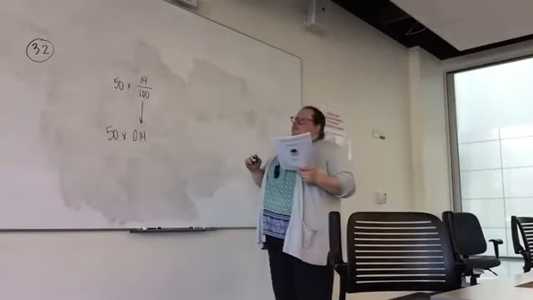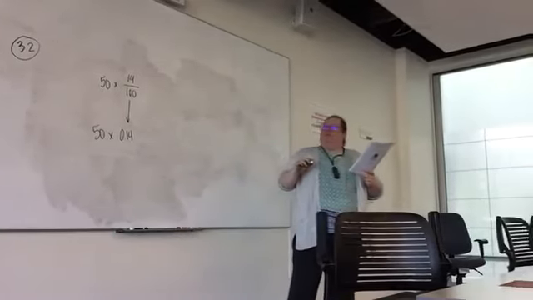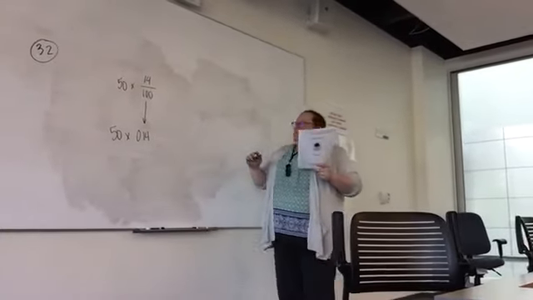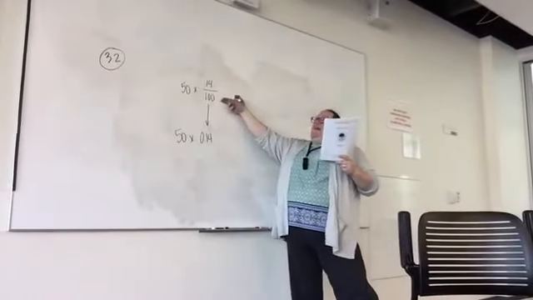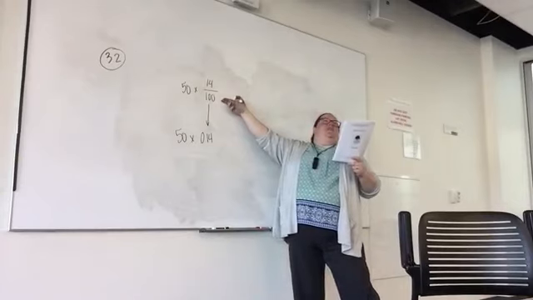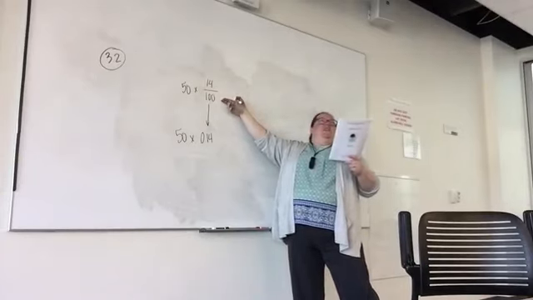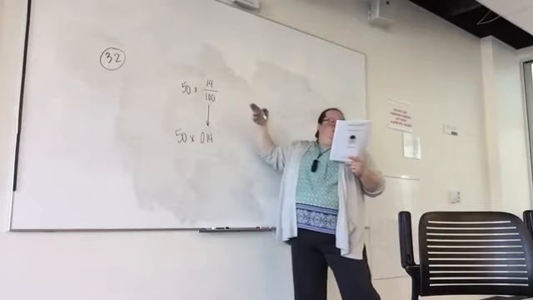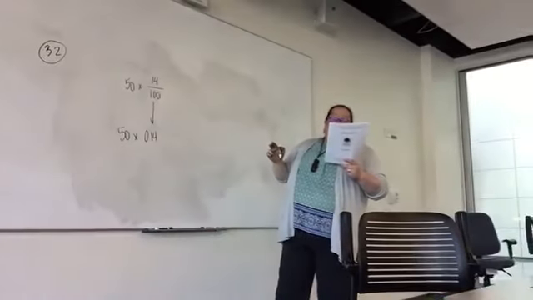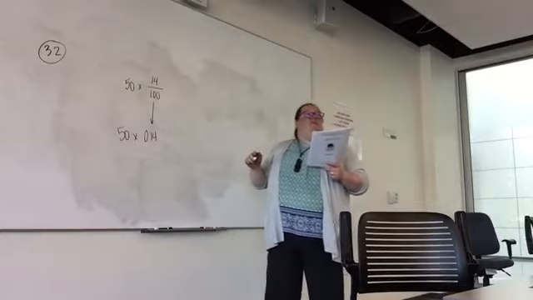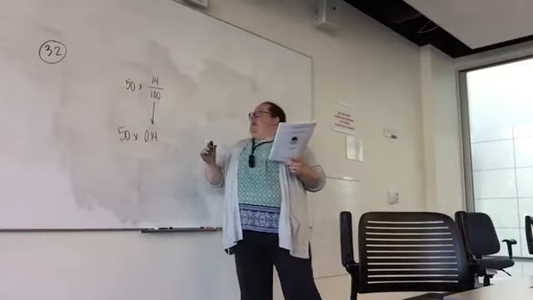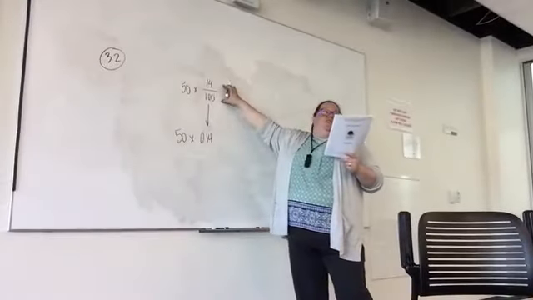If we look at the reasons why A is incorrect, when we're thinking about this setup, it always has to be relative to the percent value, so it's always relative to 100. So I can't divide by 100 minus 50. That's not going to get me where I need to go. Same thing for B. I can't just divide 50 by 14 because it actually has to be the percent relationship that I'm looking for.